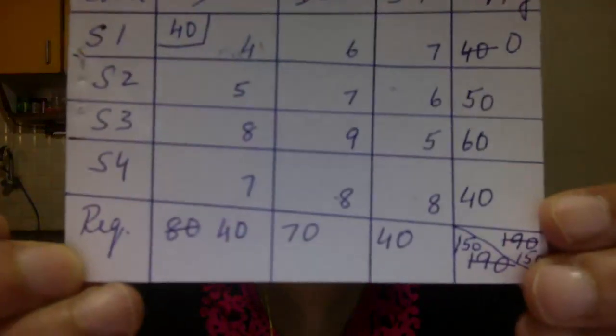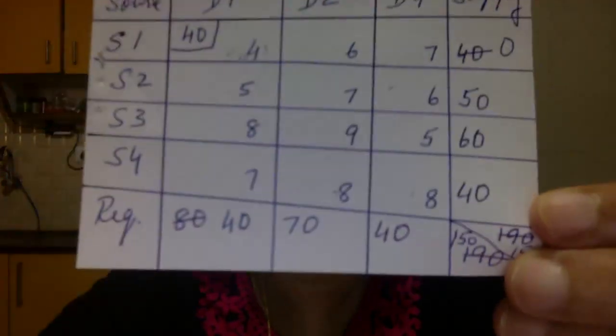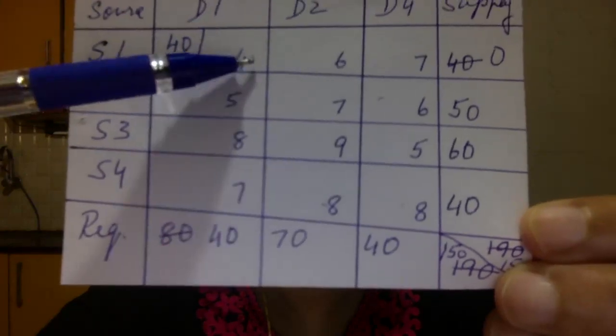Please do. First, I will give 40 to 4. Make the supply of S1 0, and the requirement of D1 becomes 40. Grand total becomes 150. So please understand, 4 got 40.